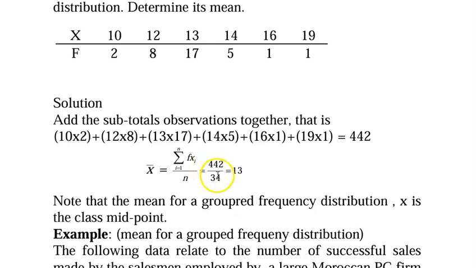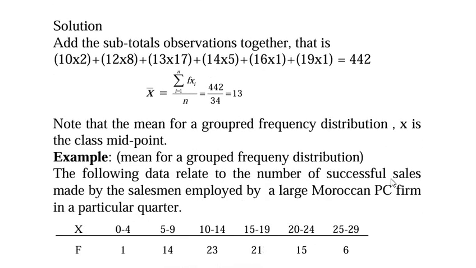So we divide 442 by 34. We get 13 as our mean. Note that for grouped data, the grouped frequency distribution, x is the class midpoint.